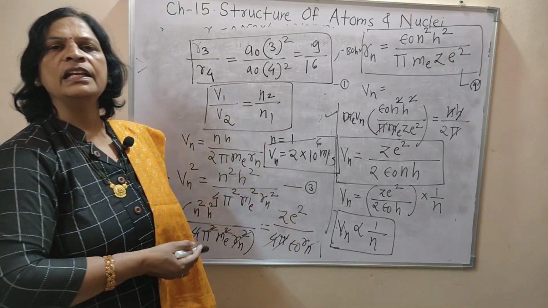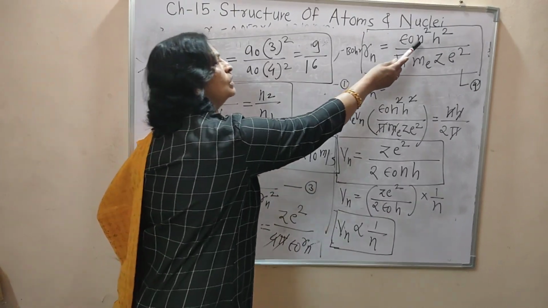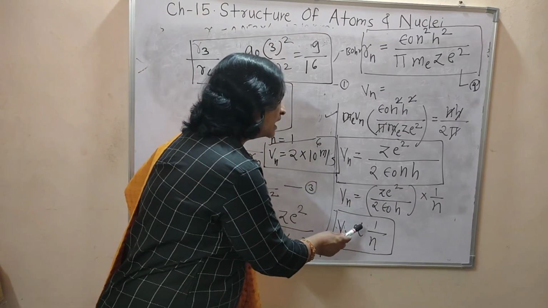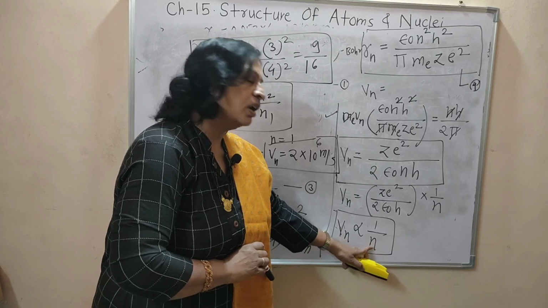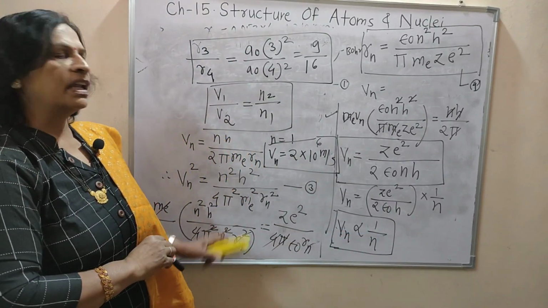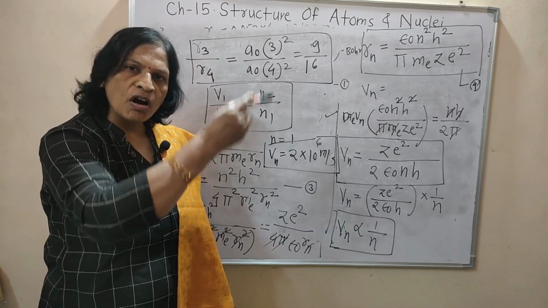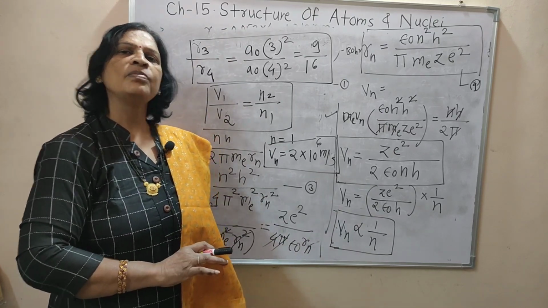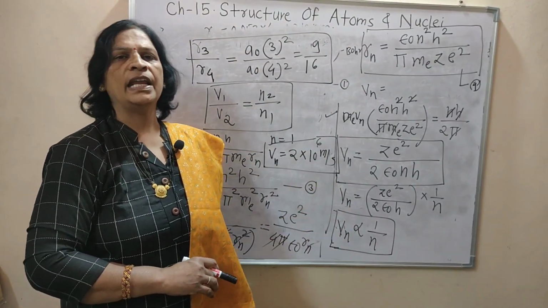Radius is directly proportional to the square of the principal quantum number, and linear speed is inversely proportional to the principal quantum number. This is the derivation for the linear speed of the electron revolving in a circular orbit around the nucleus. Okay. I hope all of you understood these two concepts very well.